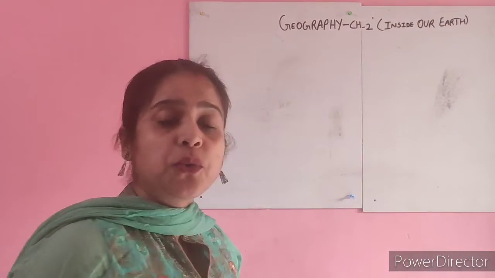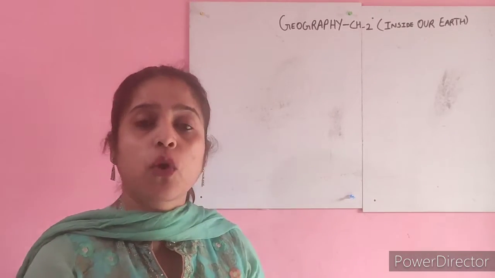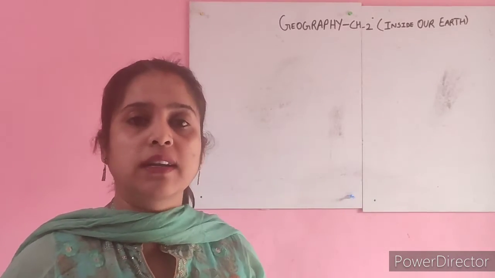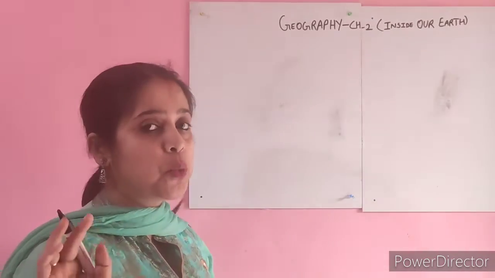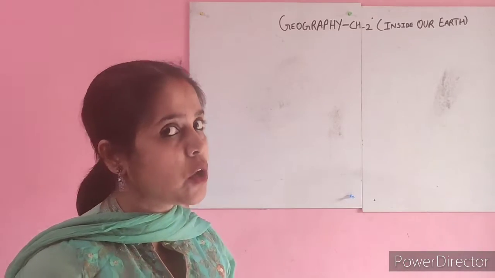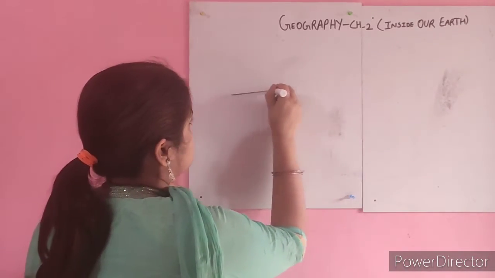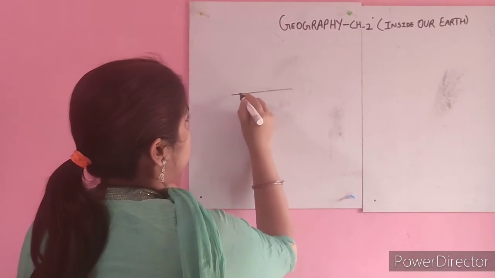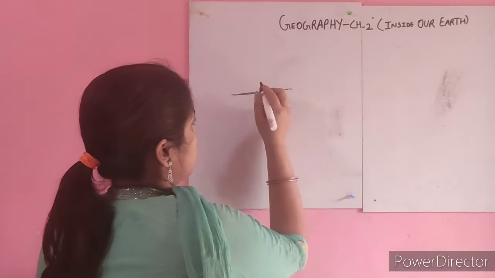Now I would like to tell you about continental crust and oceanic crust. I forgot to tell you what is continental crust and what is oceanic crust. See, I'll explain with this diagram. It's very easy, you'll understand it. So please pay attention, okay? Suppose this is the land where we are standing.